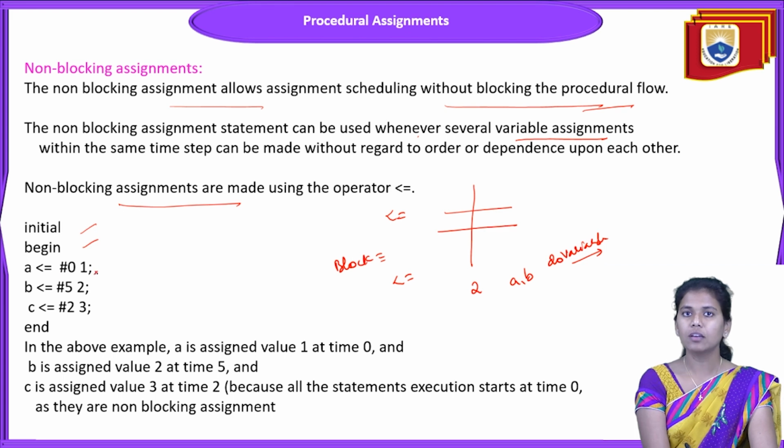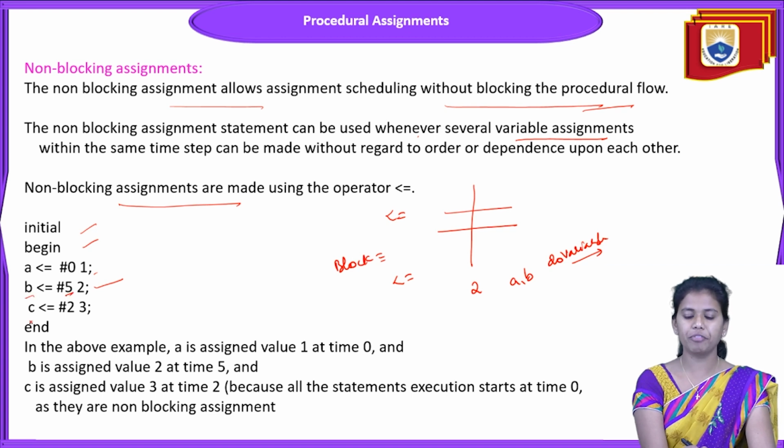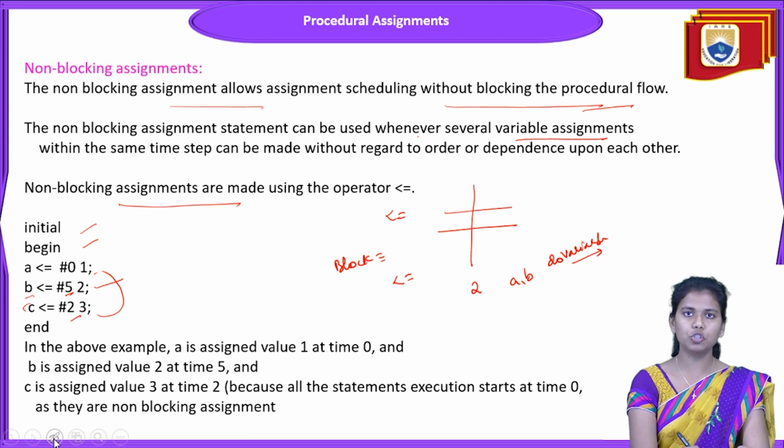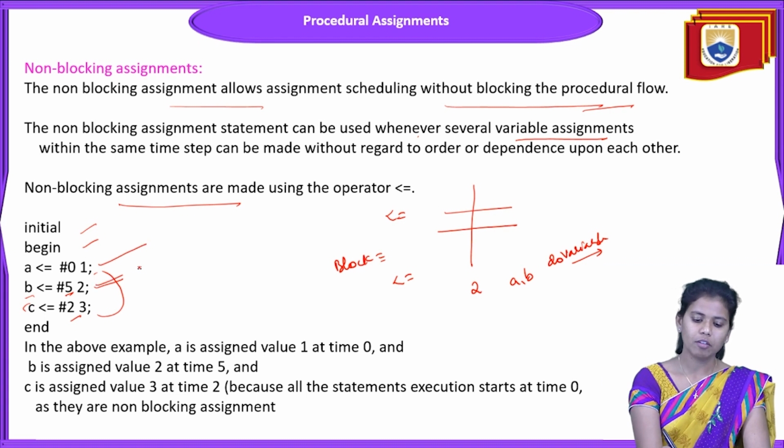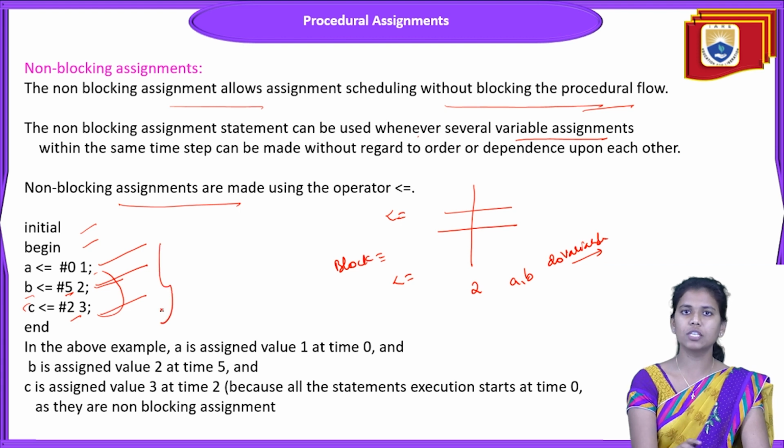The value 1 is placed into variable A with a time delay 0, and 2 is placed into variable B with a time delay of 5, and 3 is placed into variable C with a time delay of 2. The execution of these non-blocking statements goes with A, then B, then C. The flow continues, it will not block. And finally I'm ending with the end module.